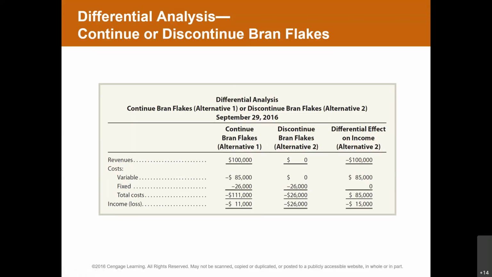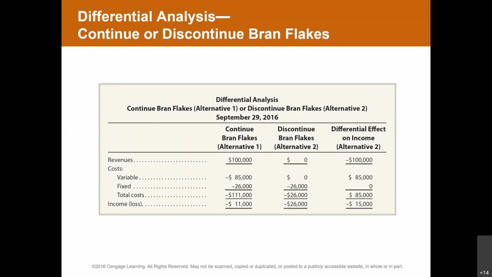Our variable costs will go to zero because we're no longer manufacturing the product. Our fixed costs will remain the same, because I'm still going to have the property, plant, and equipment. And I'm still going to have to pay my insurance for the building. I'm still going to have the building, all that stuff. So my $26,000 will still be there.